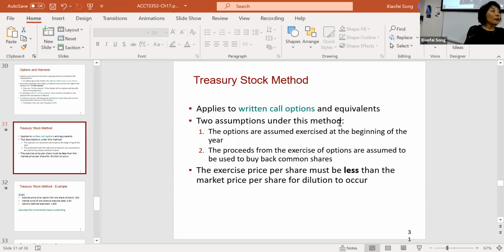Wouldn't that decrease the number of shares outstanding? Wouldn't that be anti-dilutive? In theory, might be, but in reality, it doesn't happen. Because if you could buy back more shares with the proceeds, that means those options and warrants are out of money. And no rational person would exercise the options or warrants when they're out of money, right? So we don't have to worry about that situation; the net change in shares would always be an increase.